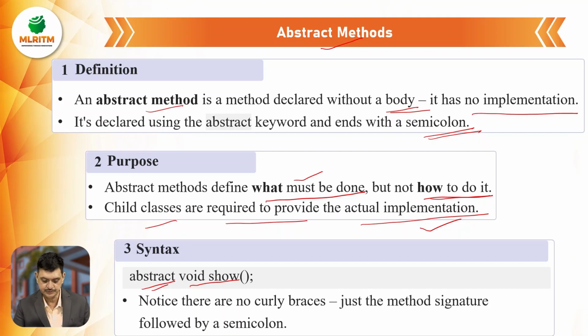We are showing only the name of the method and its return type, and we are indicating this method is an abstract method, meaning it is going to be implemented in the child classes. So it contains only the method signature followed by a semicolon. No body is contained here. The body will be specified in the child class which is created from this base class.